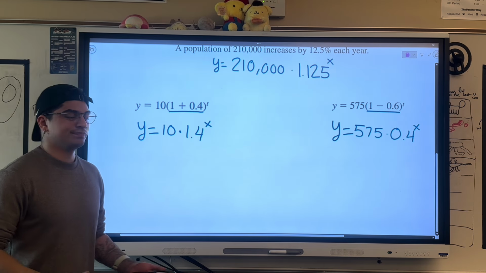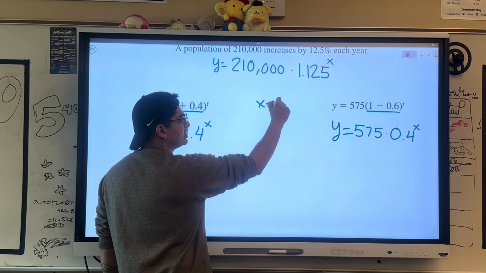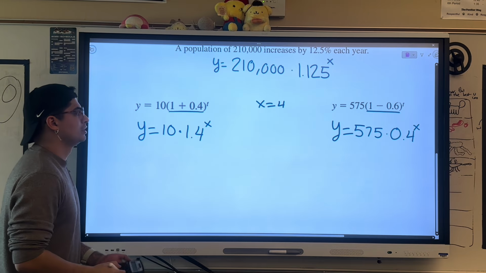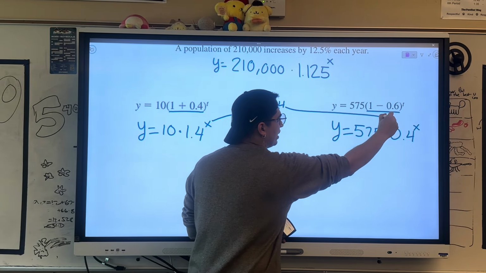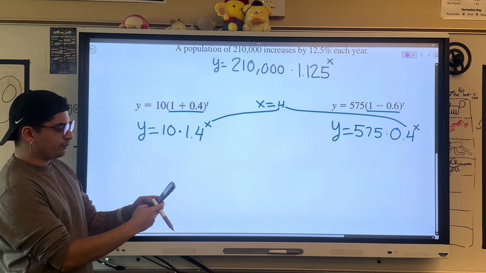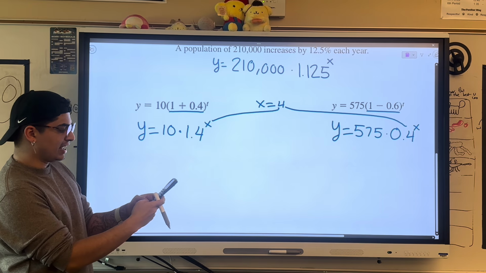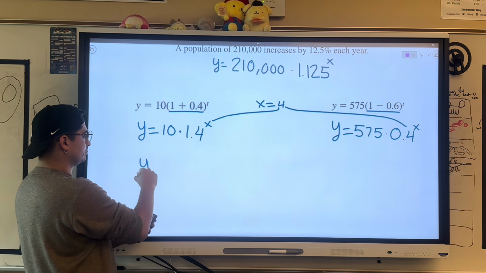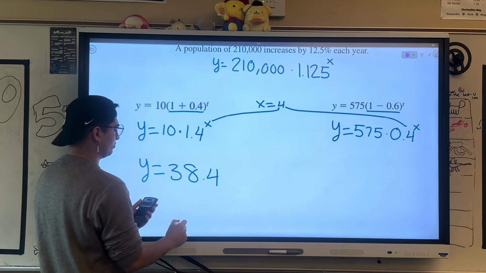Now from this point, I need you to find out when x is equal to 4. So in this case, right, that 4 would go here, and it'd go right there, and you'd evaluate, right? For this first one, 1.4 to the power of 4 times 10 would give me y is equal to 38.4, rounded.